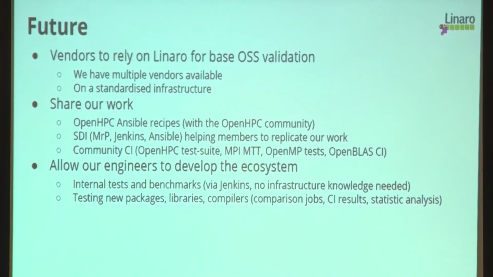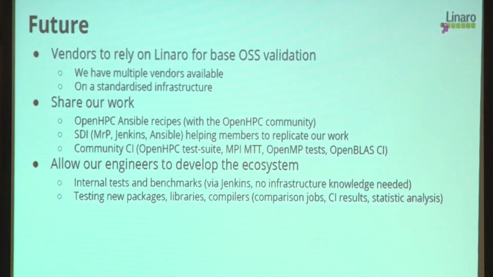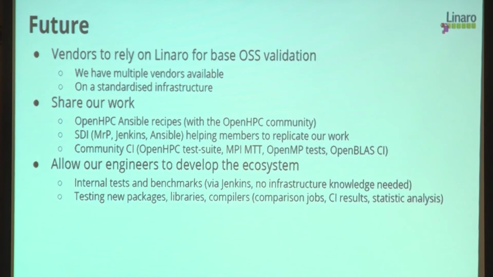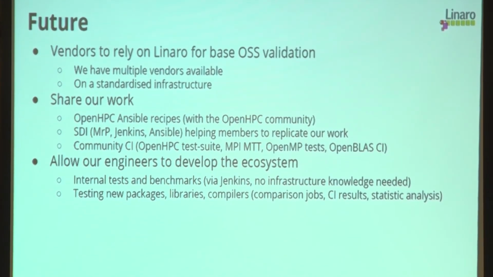By abstracting all the infrastructure and all the complicated configuration that is needed, we can empower engineers that are not well versed in Jenkins or Ansible, which is running in the background, and just concentrate on the tests, the benchmarks, the results, and how to further enhance all of that.